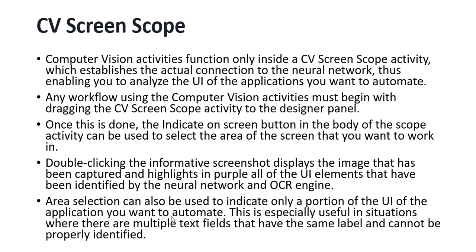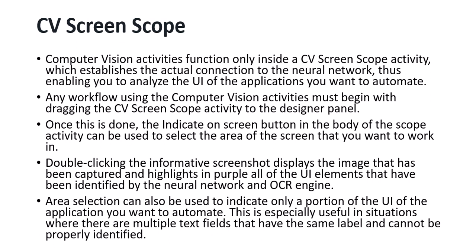The third one is that area selection can also be used to indicate a portion of the UI of the application you want to automate. This is especially used in situations where there are multiple text fields that have the same label and cannot be properly identified. Rather than identifying the whole screen, you can just highlight a portion of the screen, and the CV neural network will only capture that particular portion and identify all the elements available within that portion only.